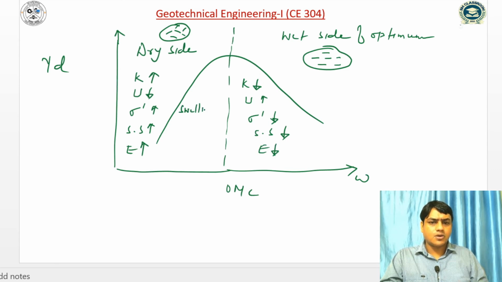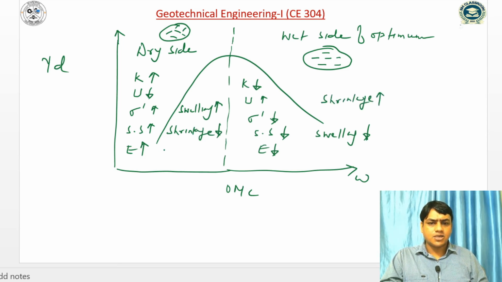Swelling behavior on the dry side of optimum is high and low on the wet side. Shrinkage will be less on the dry side and high on the wet side. Compressibility is less on the dry side and more on the wet side of optimum.